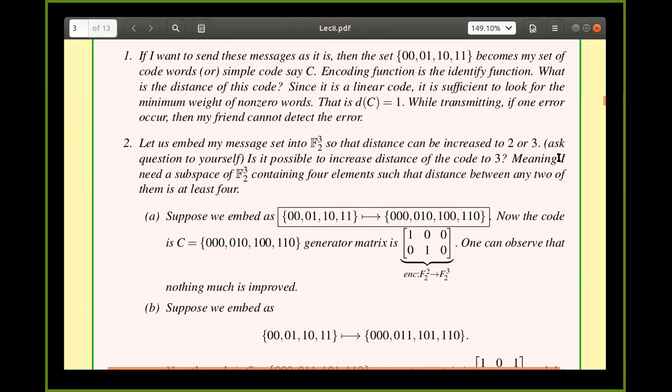Meaning I need a subspace in F2 power 3 containing 4 elements such that the distance between any two of them is at least 3. Sorry, I wrote 4 by mistake; it is 3.